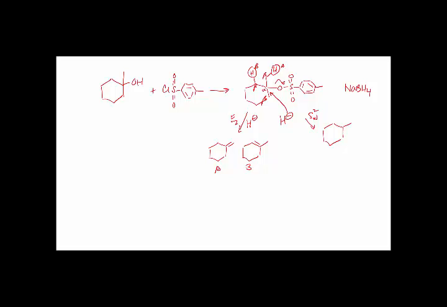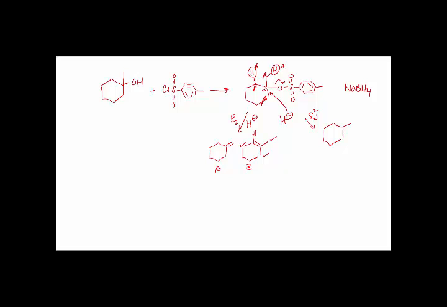Vinny? So B is more stable because it's more substituted. So how many alkyl groups are attached to B? There's 1, 2, 3. And again, if you don't like that, put a hydrogen in.